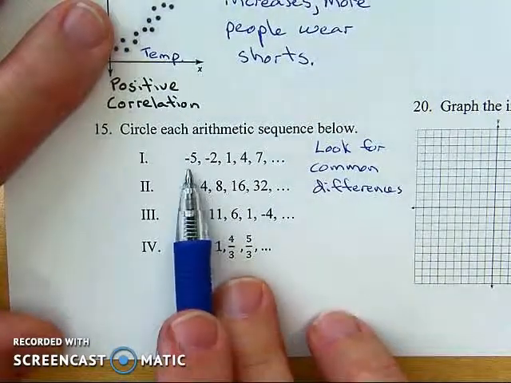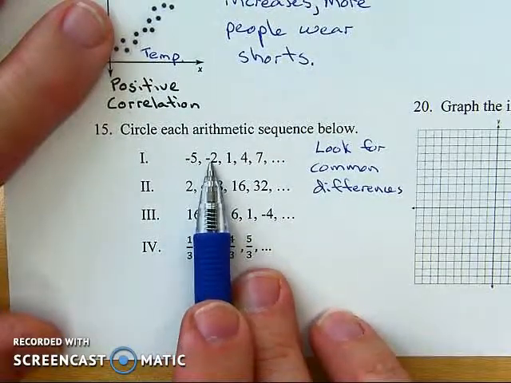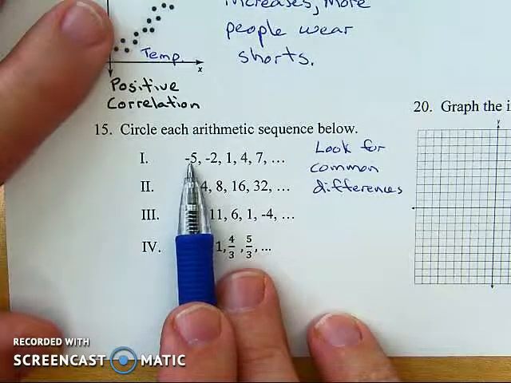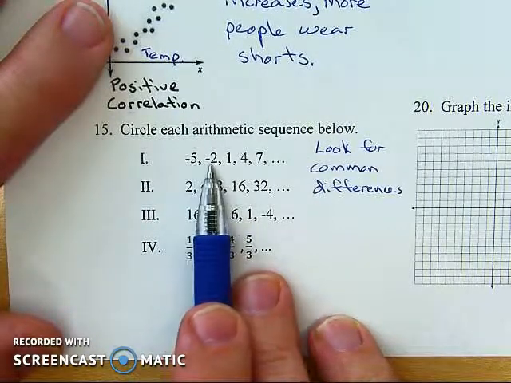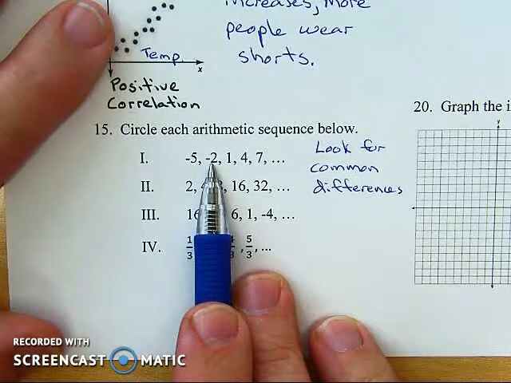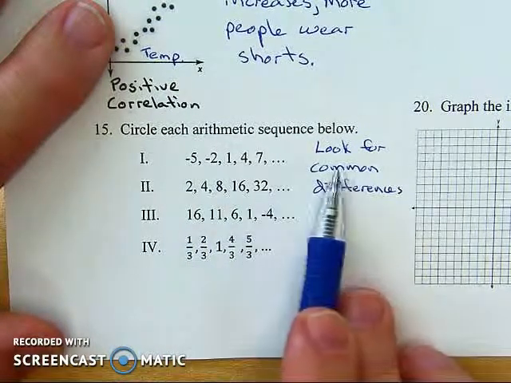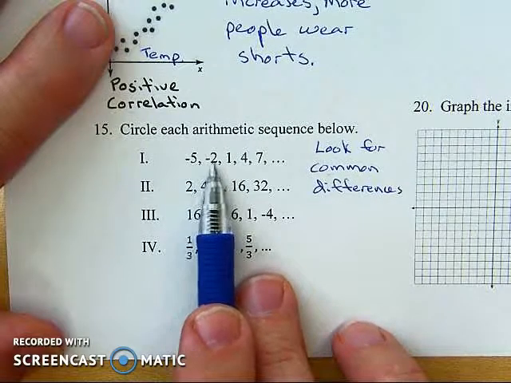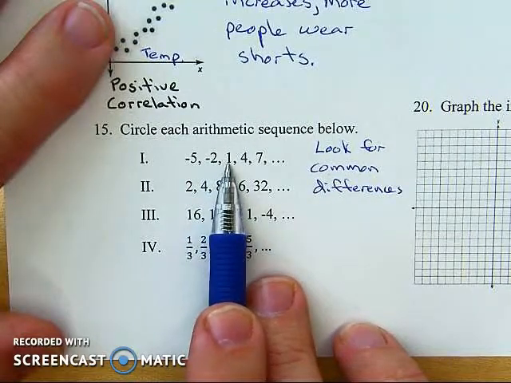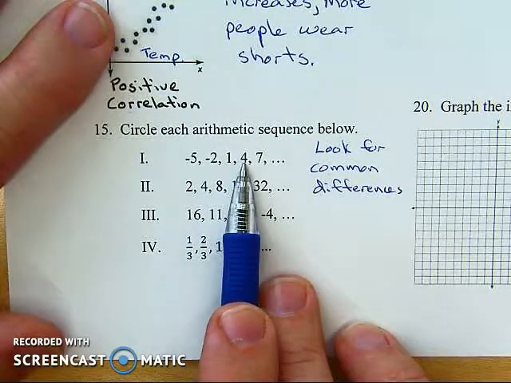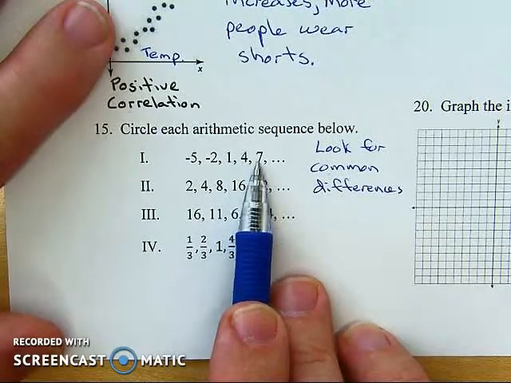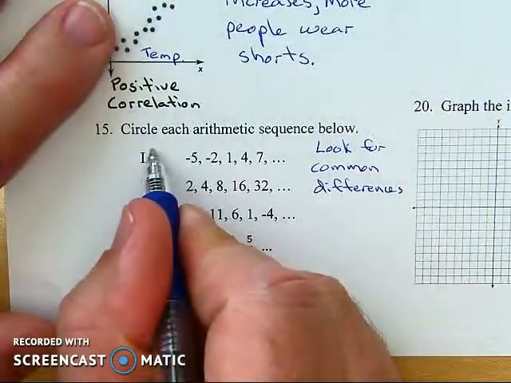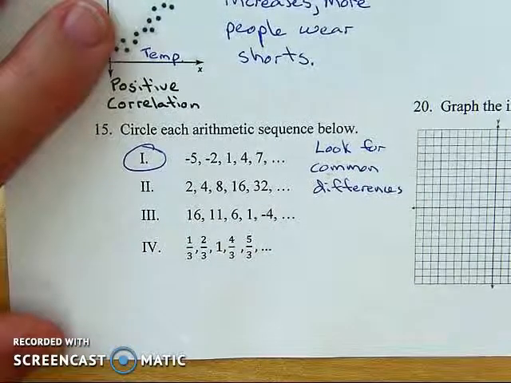Well, if you're looking at the different numbers from one number to the next, let's say this one, for example, -5 to -2, you would add 3. So then you see if it's always adding 3. That's what makes it a common difference. So -2 plus 3 is 1. 1 plus 3 is 4. 4 plus 3 is 7. So I'm going to go ahead and circle Roman numeral 1.